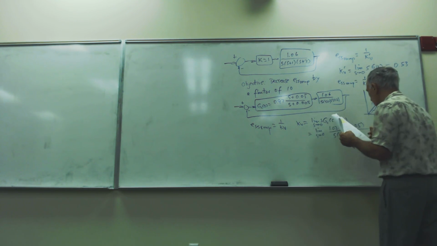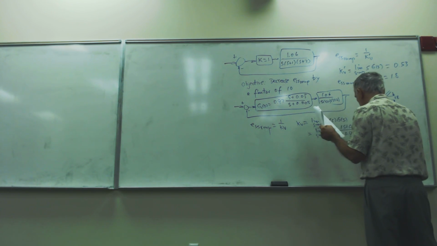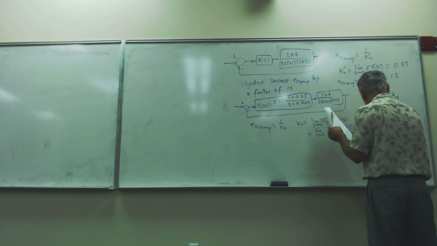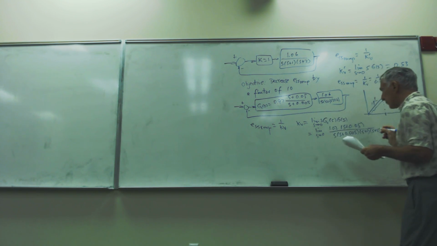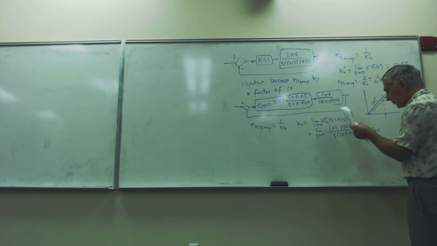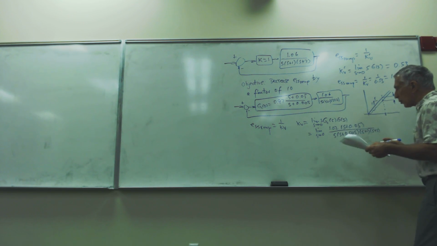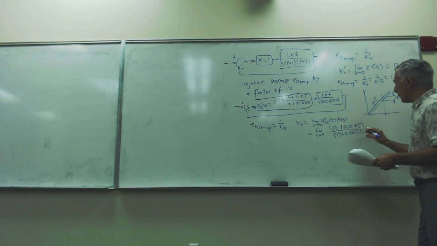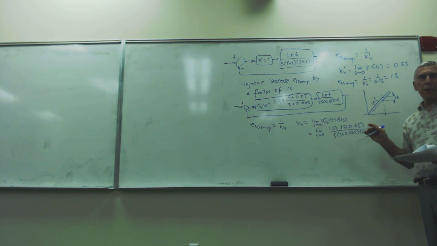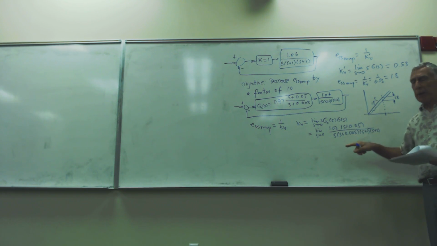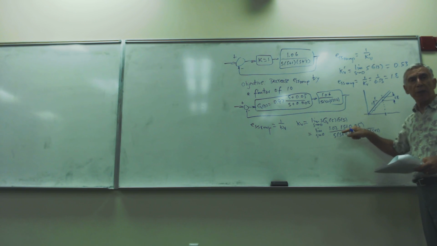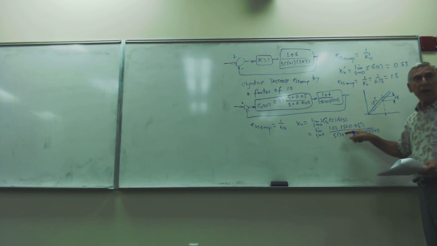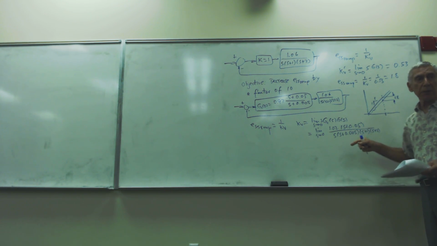We're just substituting there. We have (s plus 1) and (s plus 2). And so this could also be written if we put it in what's called time constant form. In other words, each of these factors is 1 plus a constant times s.